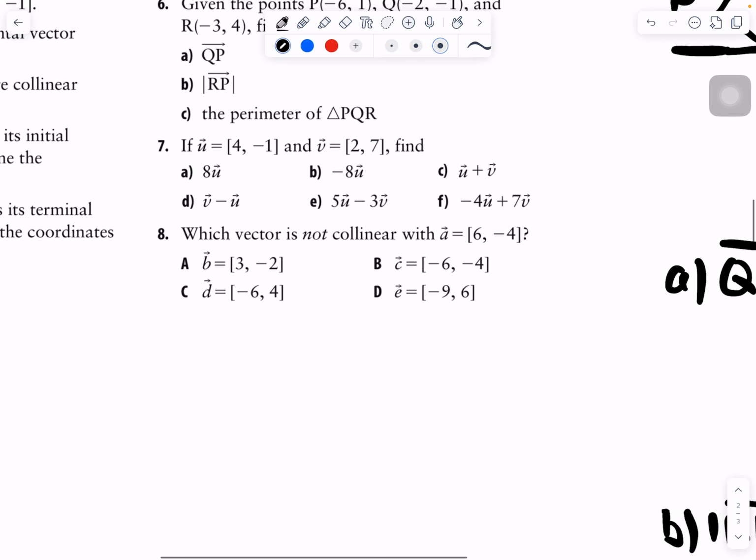With 6, -4, B in this case, divided by 2, is equal to 1/2 A. So this one is collinear, so it's definitely not A. What about the other ones?